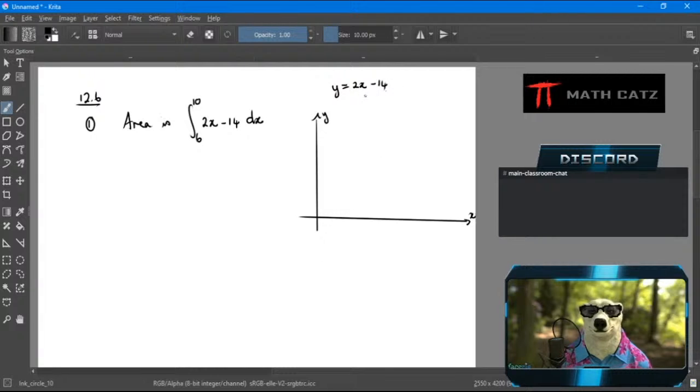My x-intercept is going to be what? If I plug in 0 for y, 2x minus 14, so x is going to equal 7.